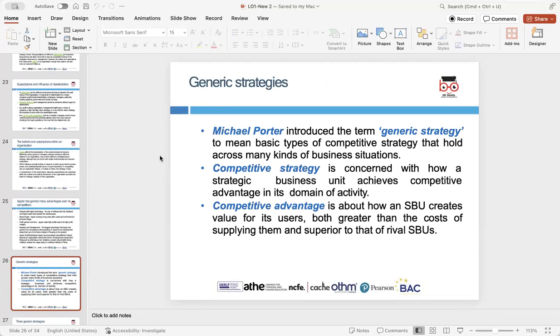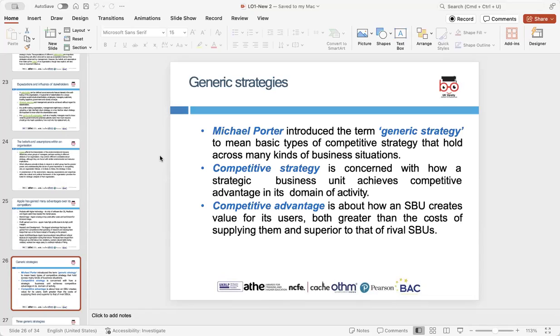Okay, so Michael Porter introduced the concept of generic strategy to describe fundamental types of competitive strategies applicable across various business scenarios. A competitive strategy focuses on how a strategic business unit achieves an edge over competitors in its specific domain.